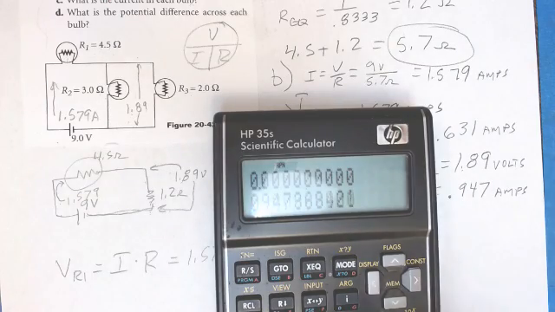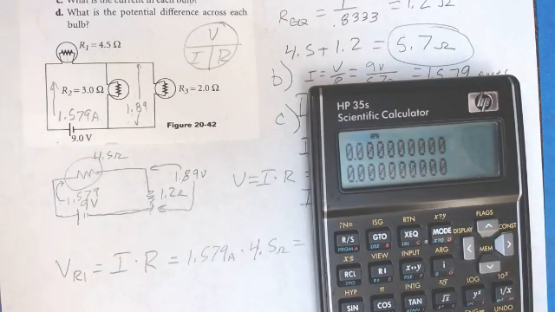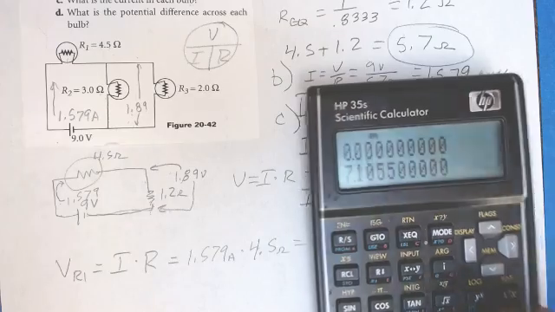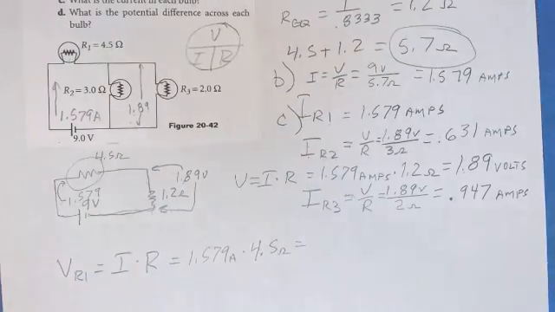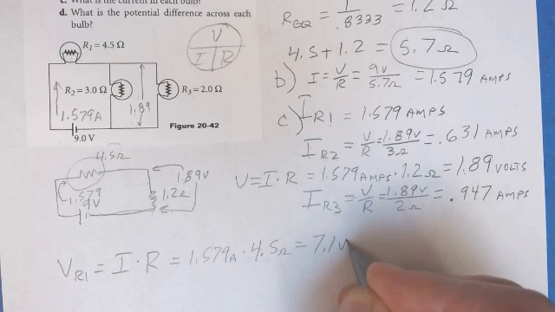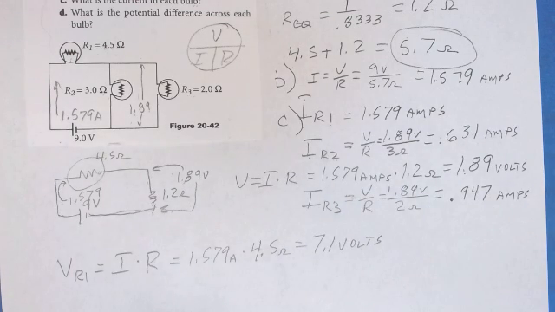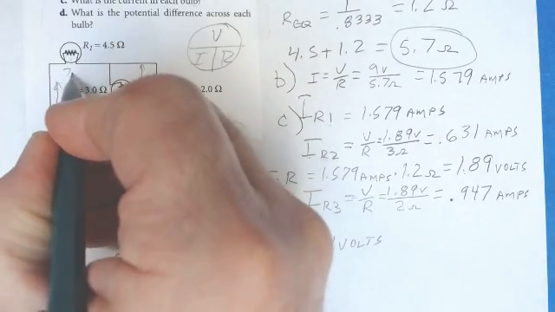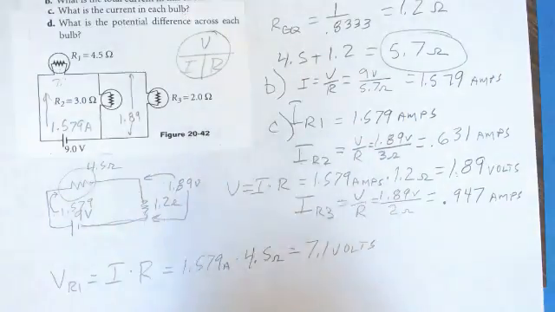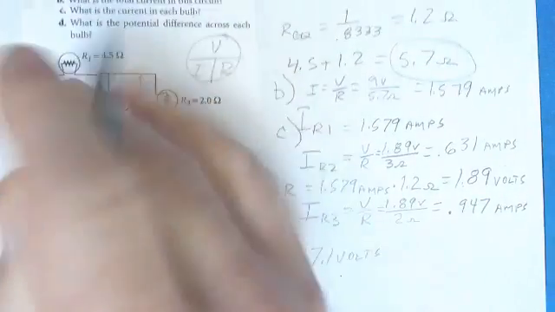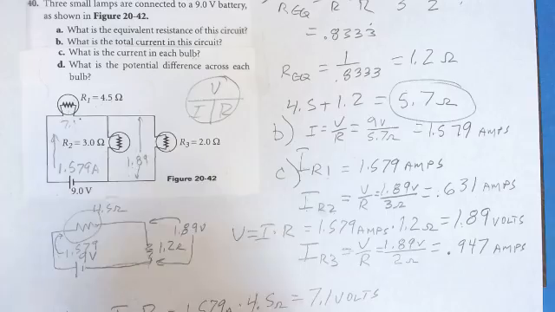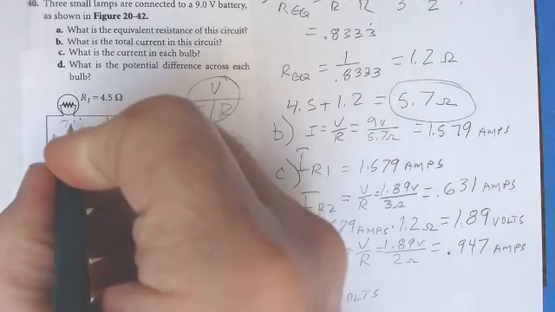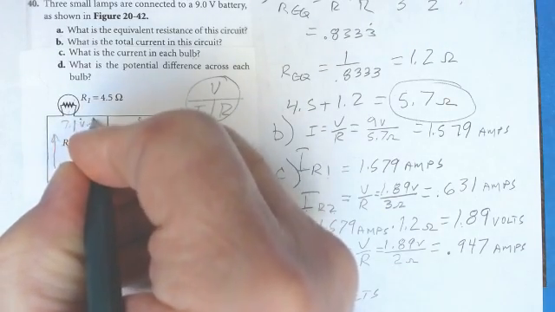So 1.579 times 4.5 is 7.1 volts. So we would have 7.1 volts of drop here.